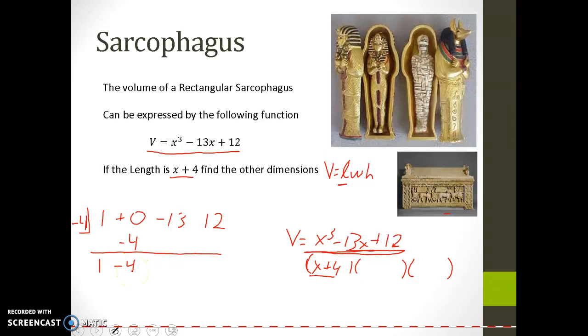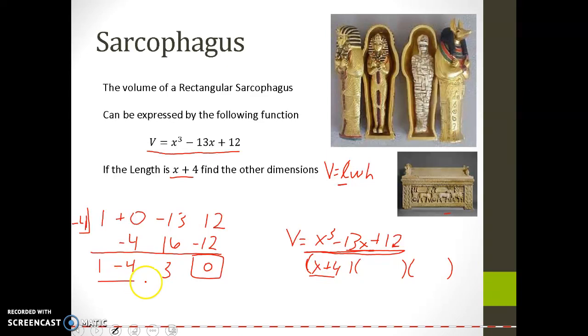Negative 4 times negative 4 is positive 16. Negative 13 plus 16 is positive 3. If I multiply that times negative 4, I get negative 12. Negative 12 plus 12 is 0, and you can see my remainder is 0, which is good because that means x plus 4 really is a factor.